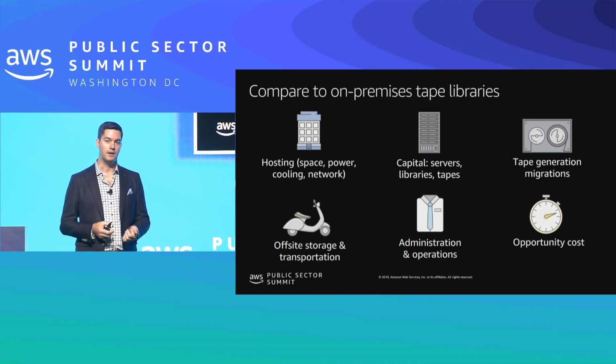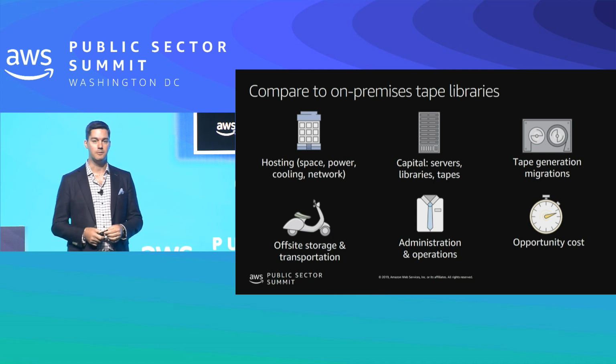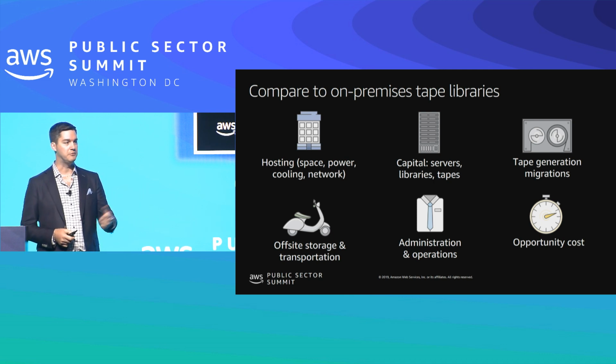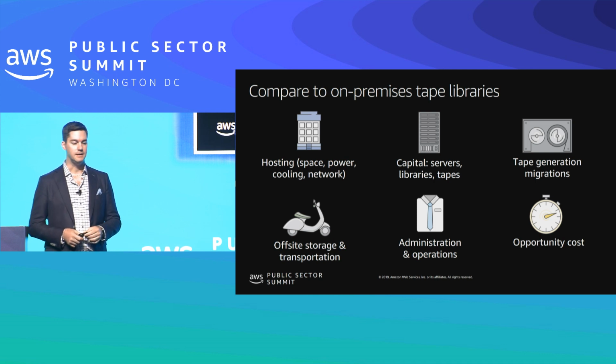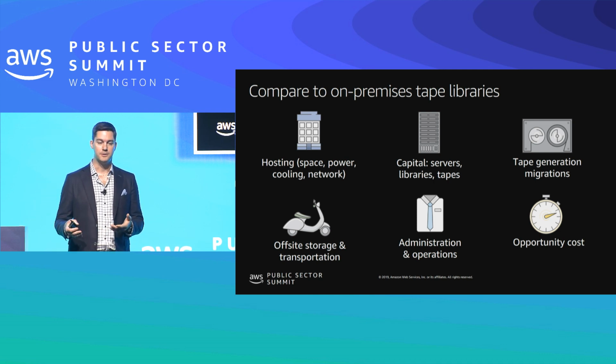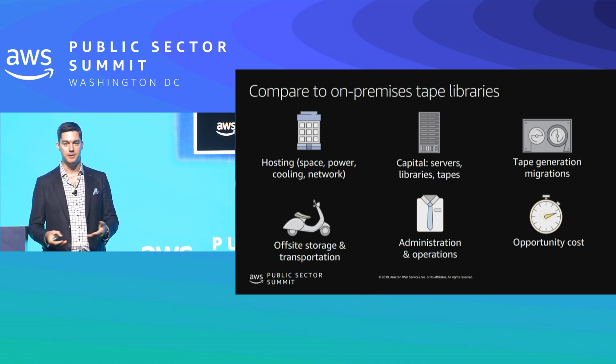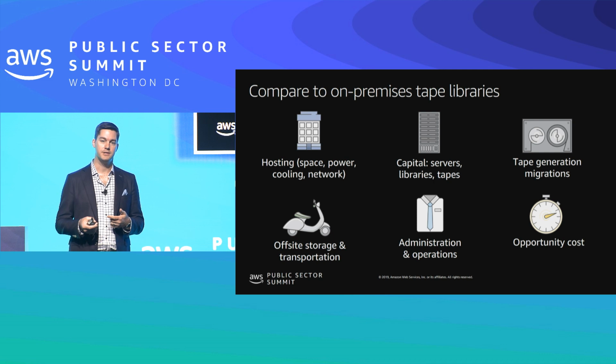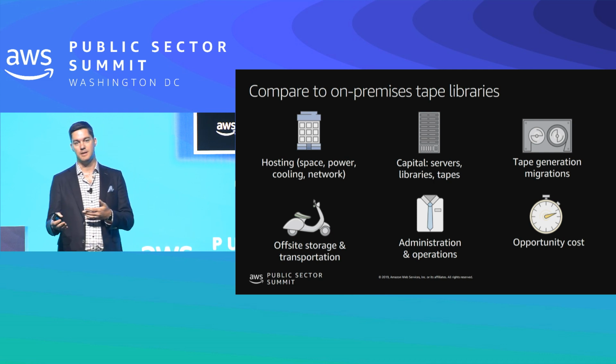You also have humidification and particle filtering if you're really focused on keeping those tape media cartridges in the intended range. You need servers to manage that. You need tapes to put in the drives. You have to migrate tape generation to tape generation. So are you looking at LTO7, LTO8?